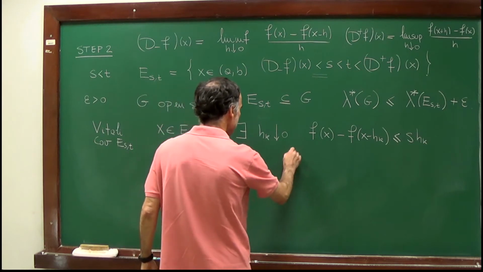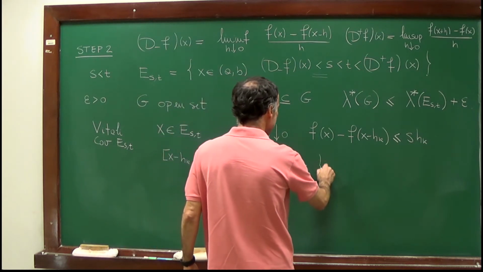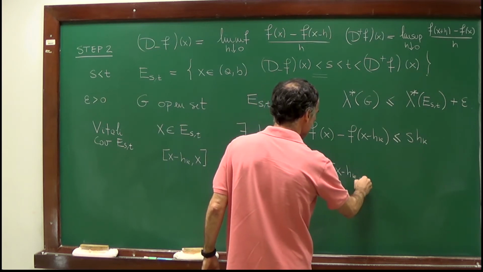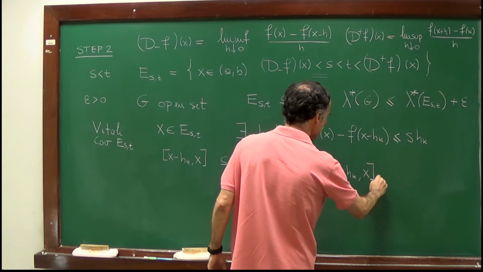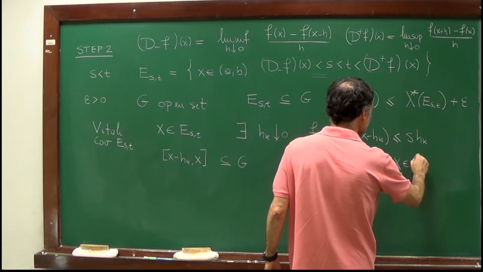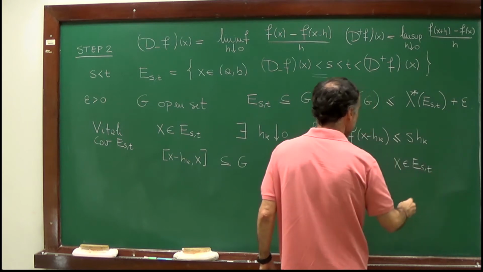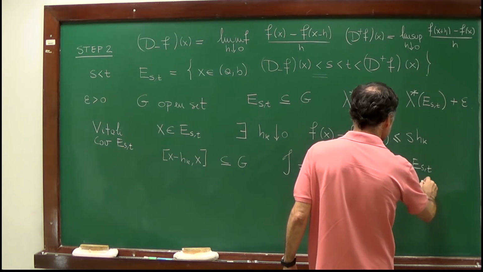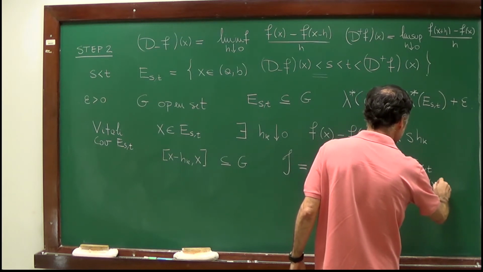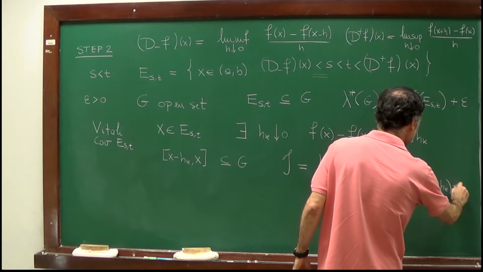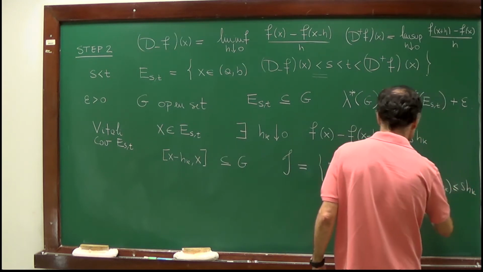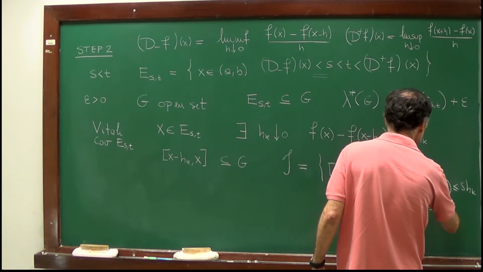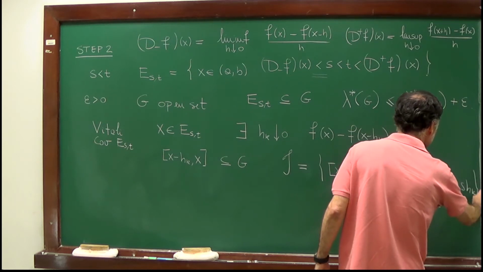So my family I of sets will be formed by all intervals of the form [x minus h_k, x], such that x belongs to E_s and f(x) minus f(x minus h_k) is smaller than s h_k, and the interval [x minus h_k, x] is contained in G. Right?